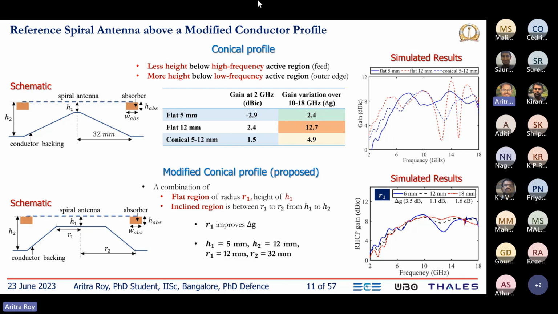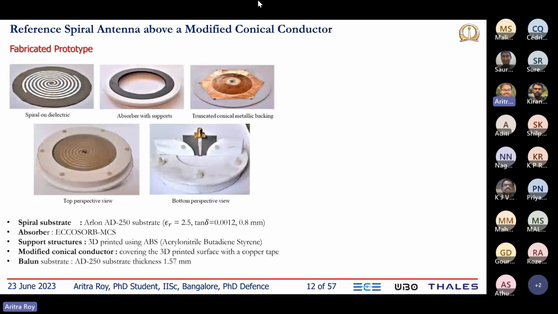In other words, it's possible to make the gain response significantly flat at high frequency by optimizing R1. After optimizing the geometry, we fabricated it using 3D printing and covered the top of the dielectric layer with a metallic tape to implement the metallic ground plane. We have also used absorbers and a balun.